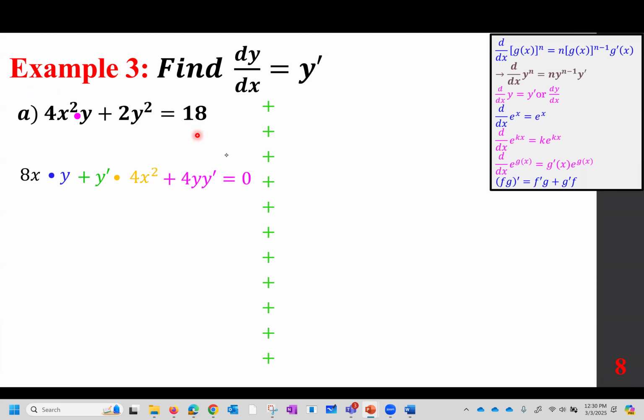To do so, we are going to combine these two by factoring the y prime out. We notice we can even take out the 4, so it becomes 4y prime times (x squared plus y). 8xy goes to the right, becomes negative 8xy.